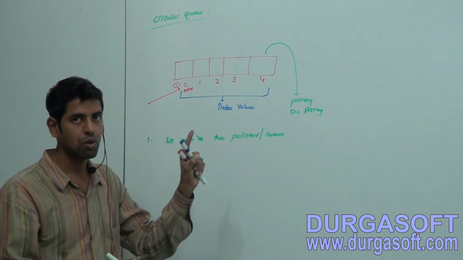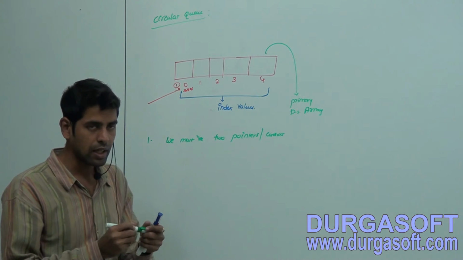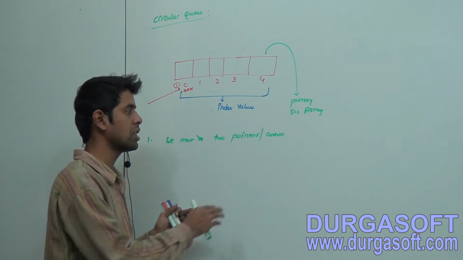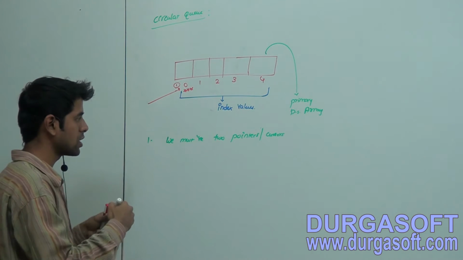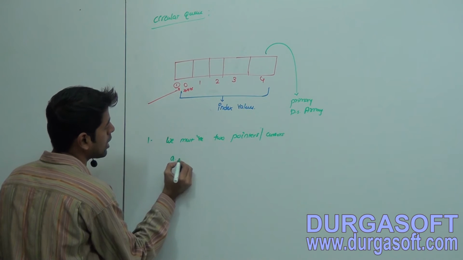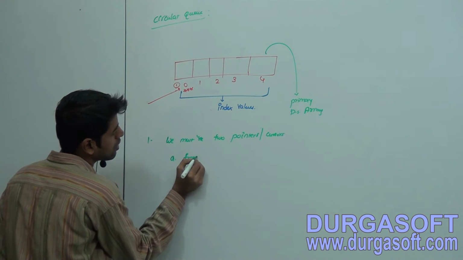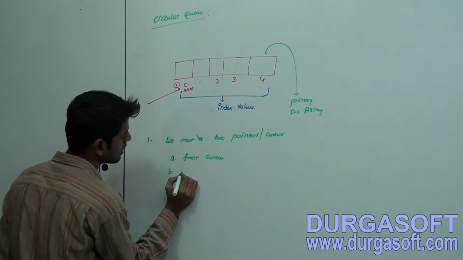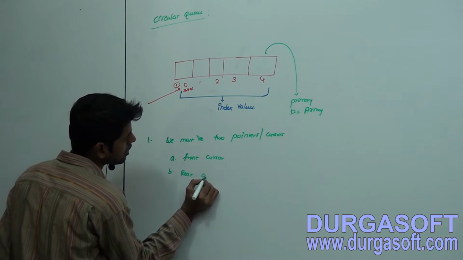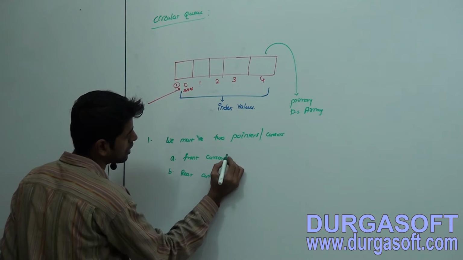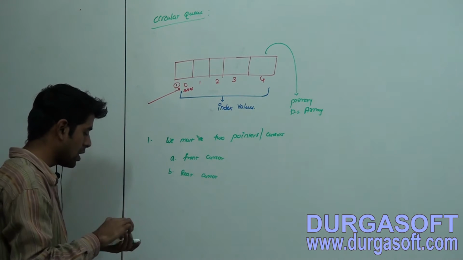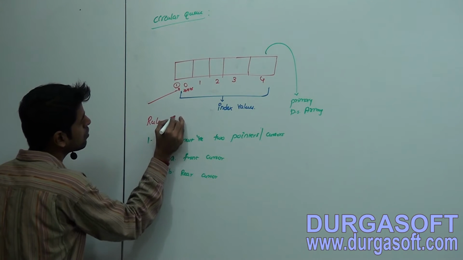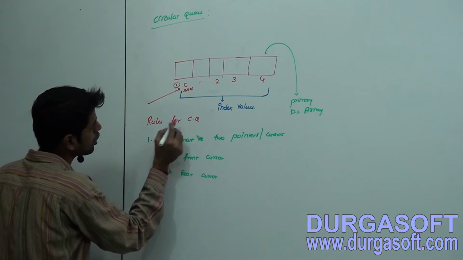Those who have knowledge of C, please don't get confused. We must use 2 pointers. Number 1 is the front cursor or front pointer, and the other one is the rear cursor or rear pointer. What is this front cursor? Observe the rules for circular queue.